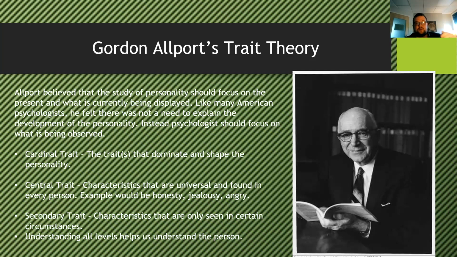Okay, so that would still be a trait rather than a state using this model. So really, from using Allport's trait theory, to really understand someone, we want to understand all levels to really kind of paint a picture of someone's personality.